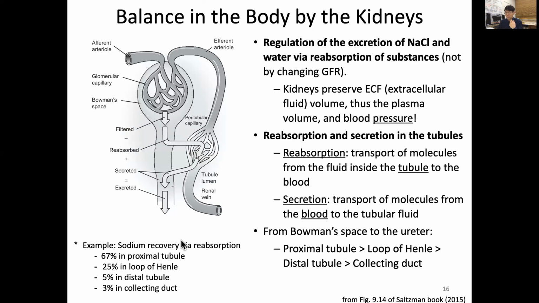Here, I just want to emphasize sodium, so important, sodium recovery by reabsorption. 67% is reabsorbed in the proximal tubule, 25% in the loop of Henle, 5% in the distal tubule, and even in the collecting duct 3% is reabsorbed, recovered. Look at this: it adds up to almost 100% of sodium recovered.